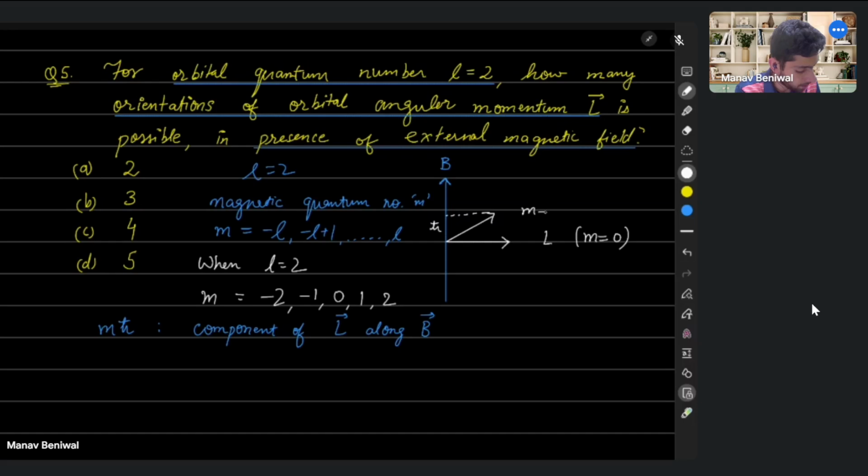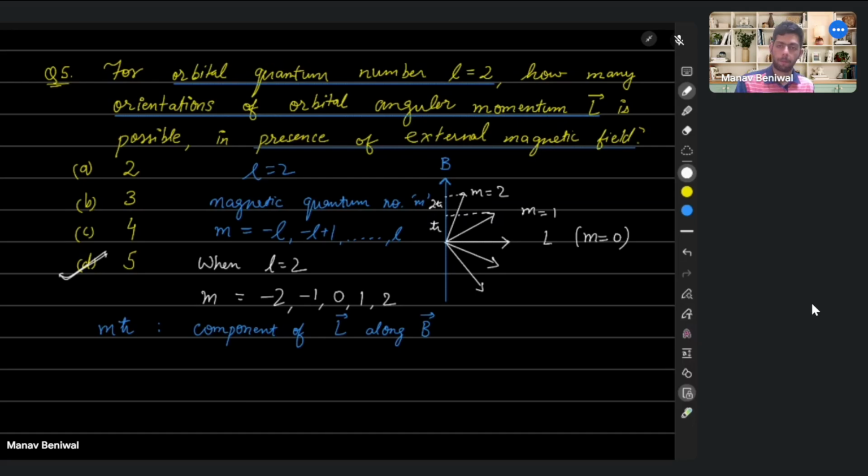So this is when m is 1. Similarly, it will have 2 h cut like this, and then minus h cut and minus 2 h cut like this. So therefore, in total, we will have 5 components. So the correct option is 5.